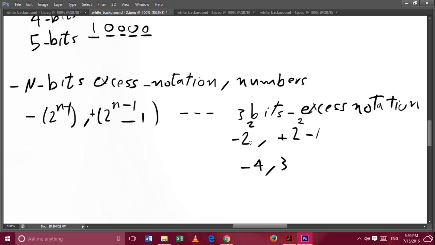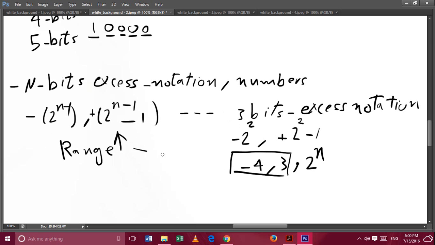Now, in addition to the range, there is something else that I want to bring to your attention before we build the entire 3 bits excess notation. The number of combinations that are possible in these 3 bits is 2 to the power of n. Do not confuse this with the range. The range is -4 to 3.